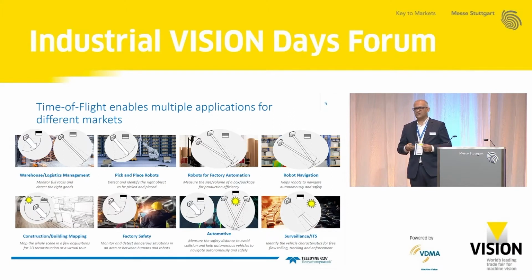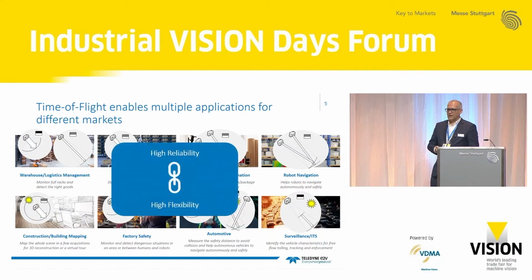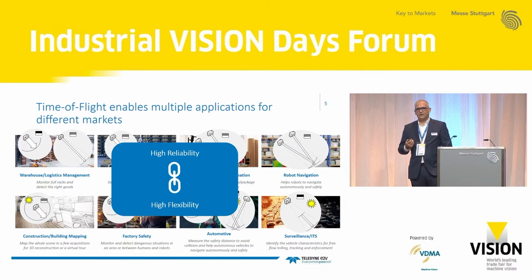Of course, it's critical to measure precisely and accurately, but you also need the right angular resolution and the right 3D frame rate. You need to be sure that you can capture dark objects and bright objects at maximum distance, etc. So from our point of view, high reliability is tightly linked with high flexibility in order to be able to address all these markets and applications.